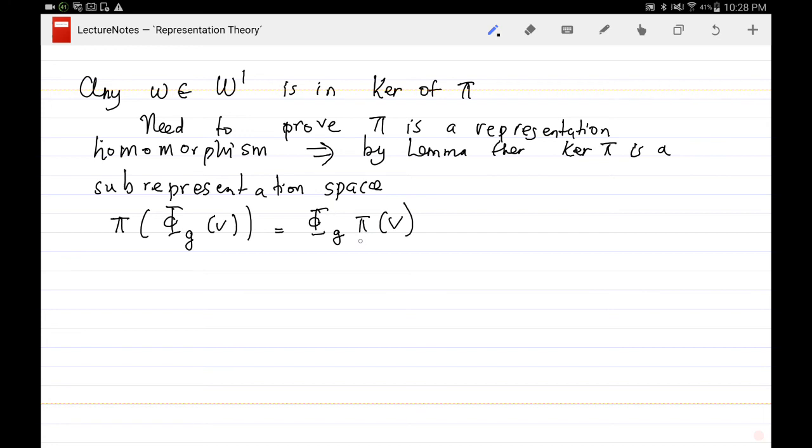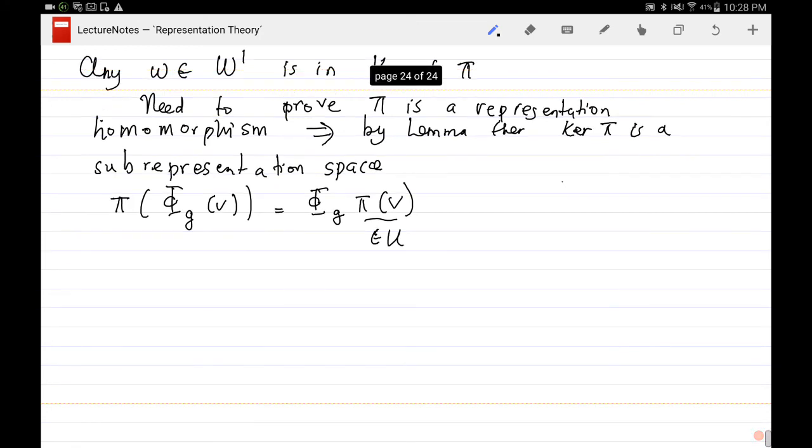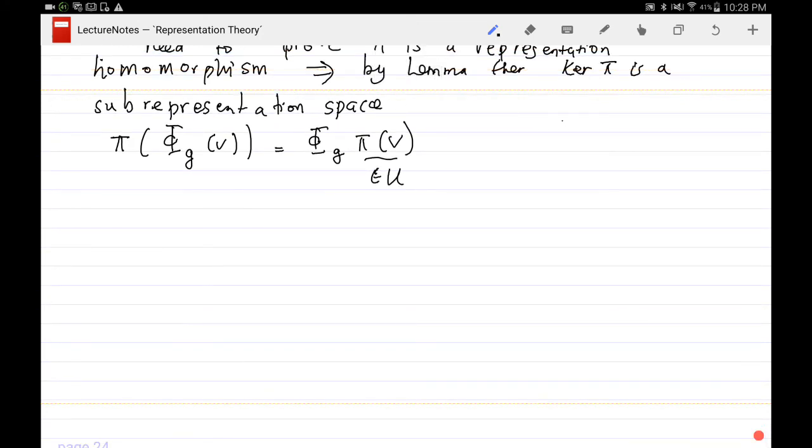Notice that I did not need to define another representation, let's say psi of g here, because this is in U, and U is a sub-representation space, and therefore it's stable under the action of phi. So the general definition of a representation homomorphism simplifies to something like this.